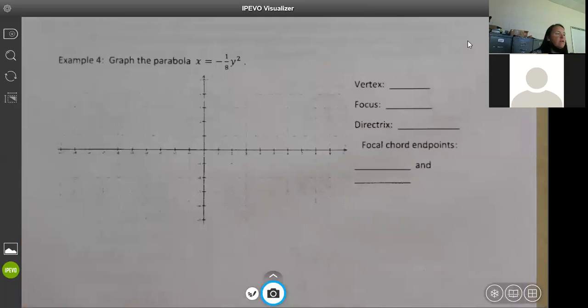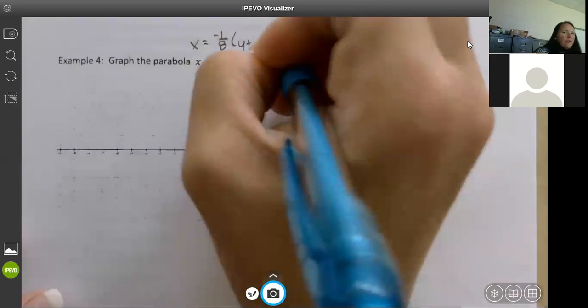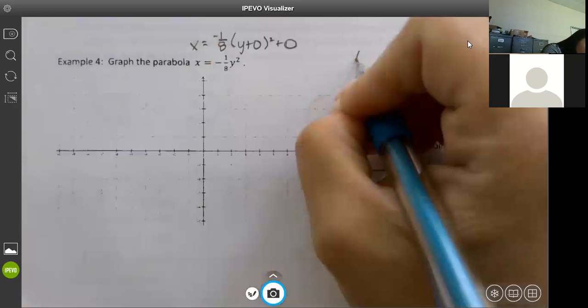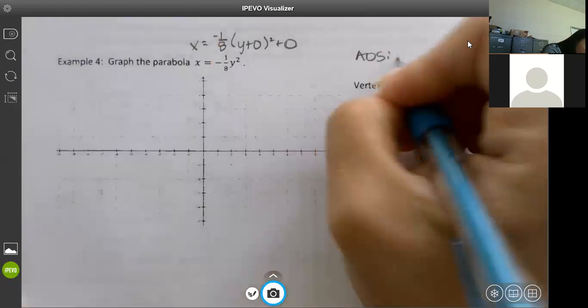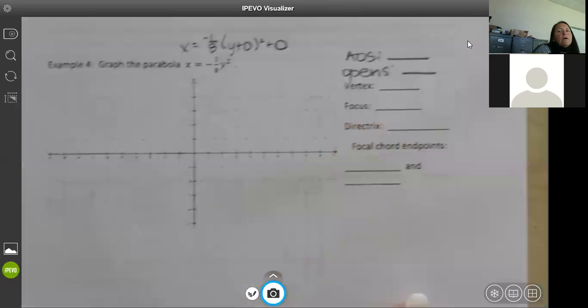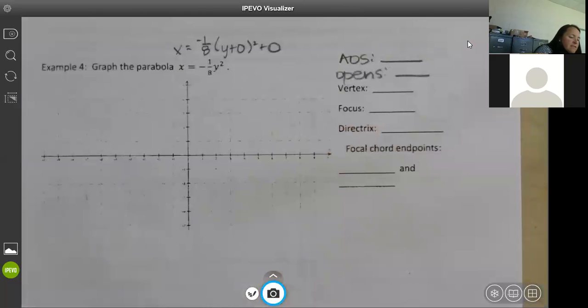All right, the next one is already solved for us. I'm going to rewrite it in vertex form. y plus 0 squared plus 0. You don't have to do that if you don't want to. I just like to see it. All right. So which way does this one open?